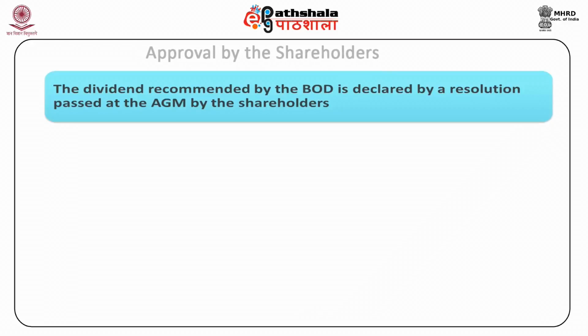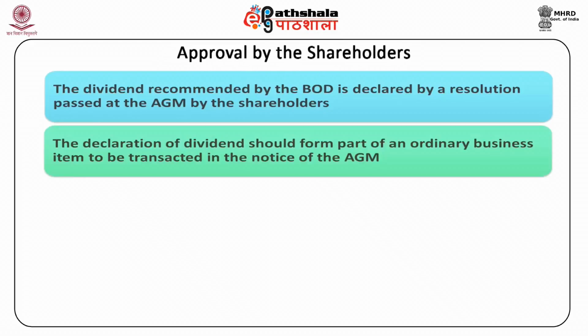Approval by the shareholders. The dividend recommended by the Board of Directors is declared by a resolution passed at the annual general meeting by the shareholders. The declaration of dividend should form part of an ordinary business item to be transacted in the notice of the annual general meeting.